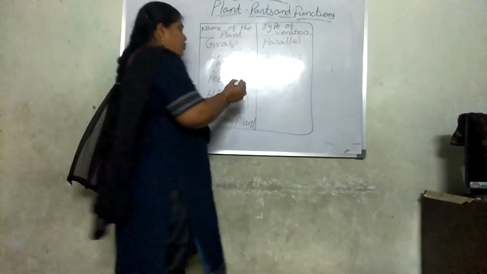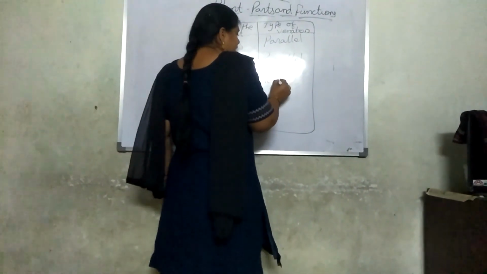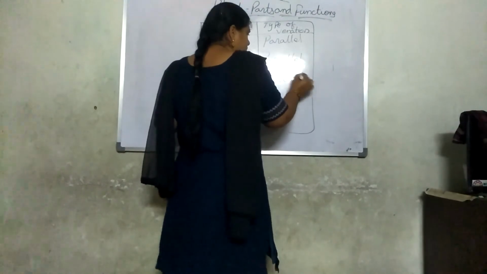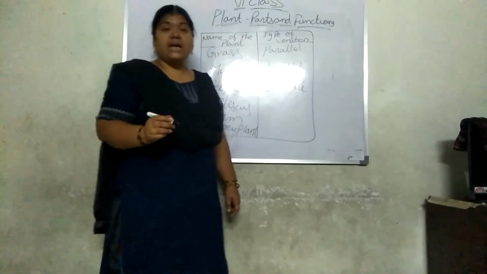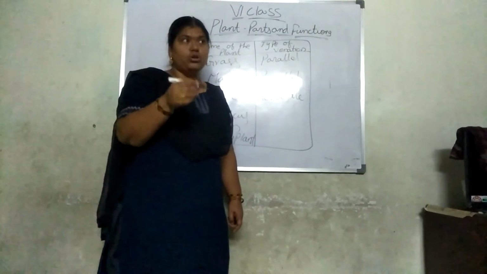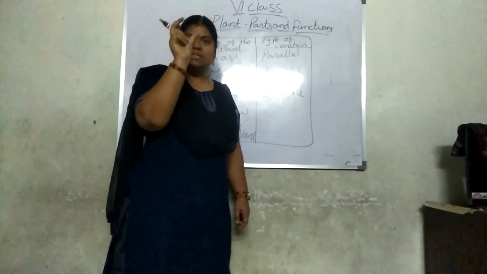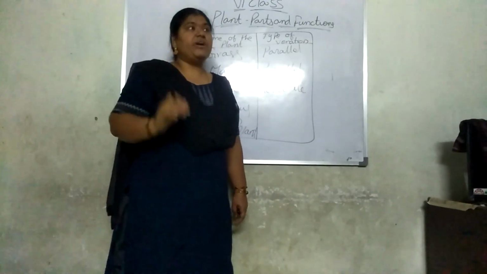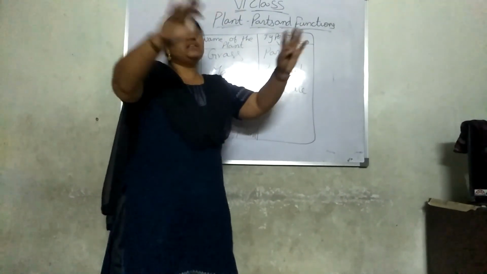Next, coming to peepal tree. The peepal tree has reticulate venation. The leaf of the peepal tree is in reticulate venation. The roots are a taproot system. When we sow the peepal tree in the soil, the root will be very small. You can see the main root and the lateral roots. But when it grows into a big tree, it occupies large space.